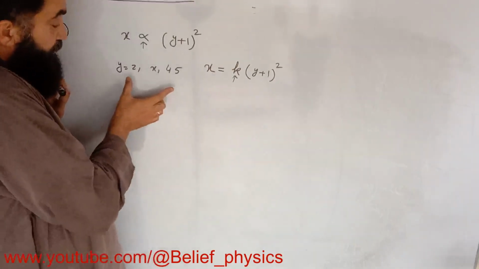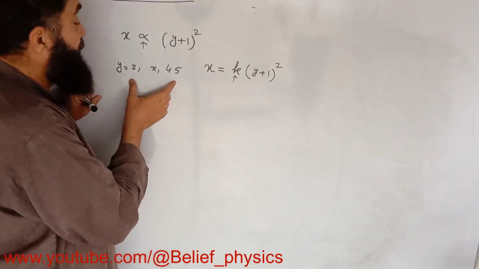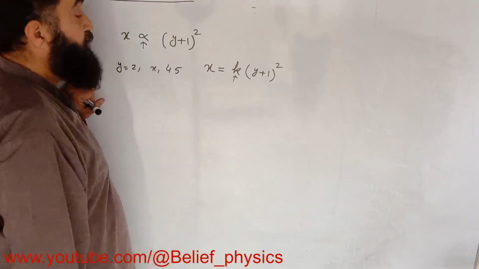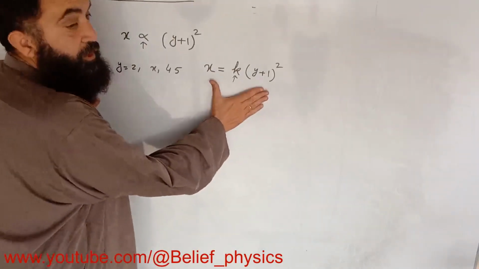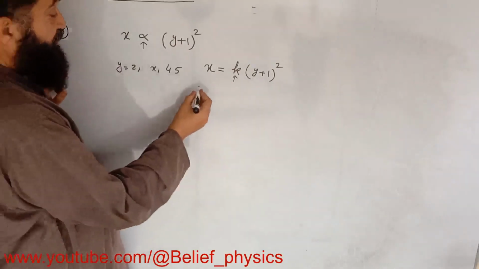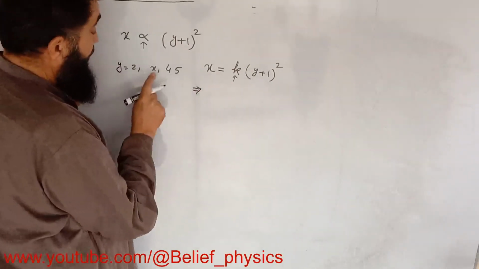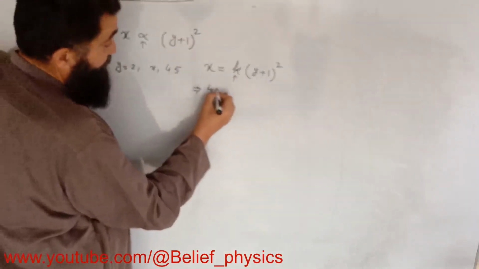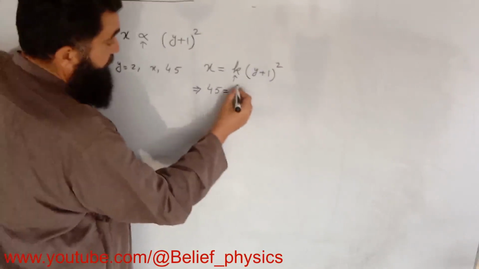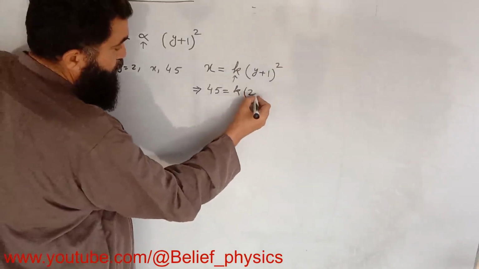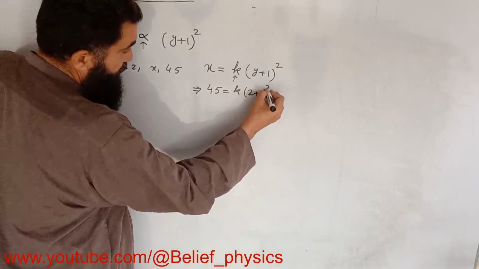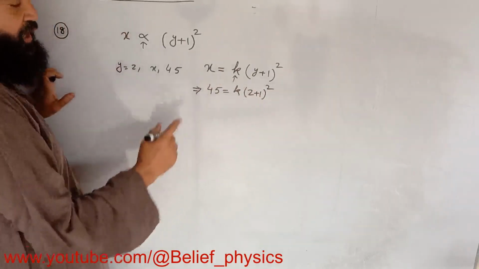Now, these two values of x and y will be used to find the value of k. So x is 45, y is 2. I write k into (2 plus 1) whole squared. The only unknown is k, so we can solve it here.